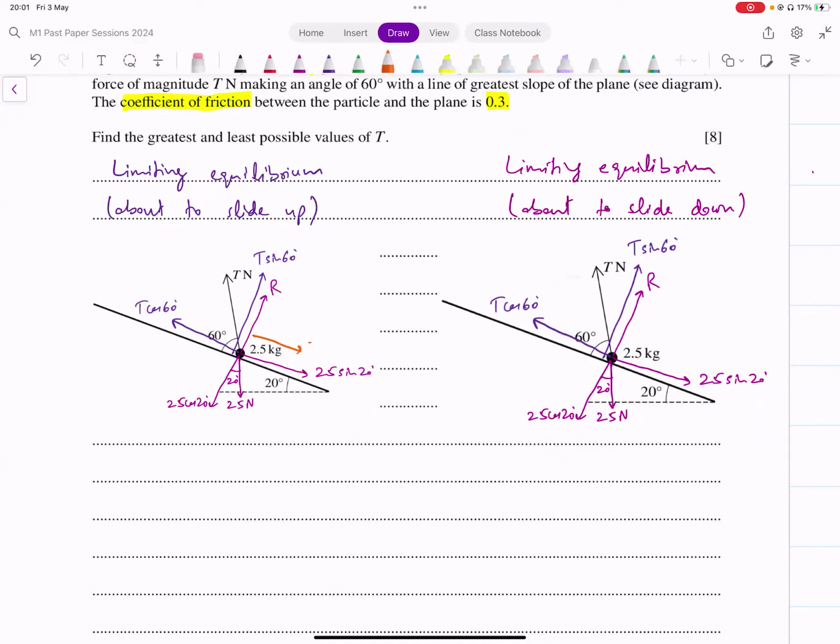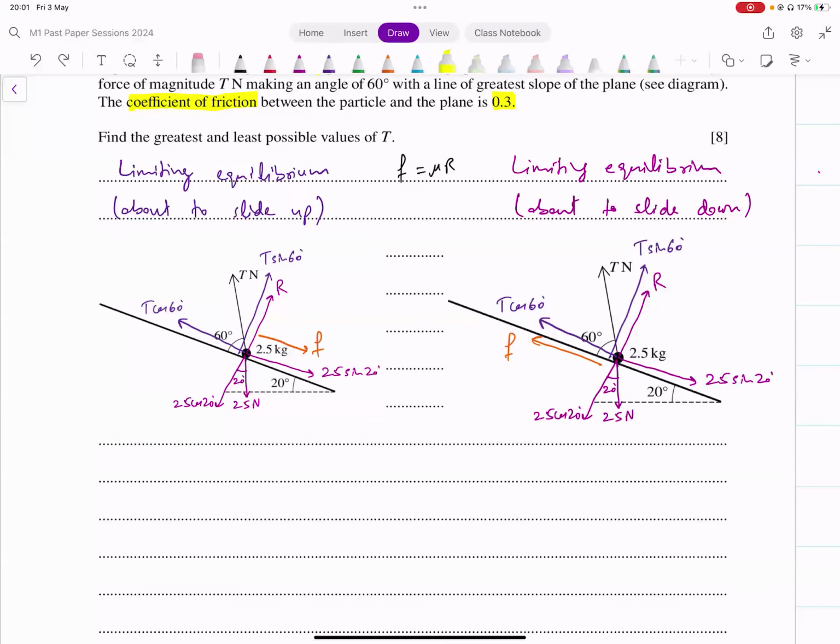Friction will act down the plane. And in the second case, when the particle is just about to move down the plane, friction is going to act up the plane. These are the two extreme cases that we would consider. And since it's limiting equilibrium, friction is at its maximum value, which is F equals mu R. Now you just have to equate the opposite forces.